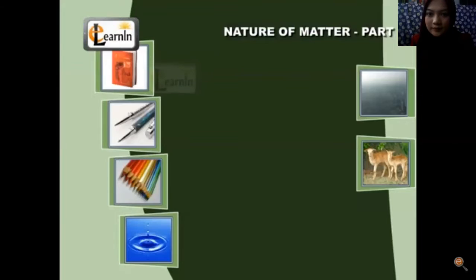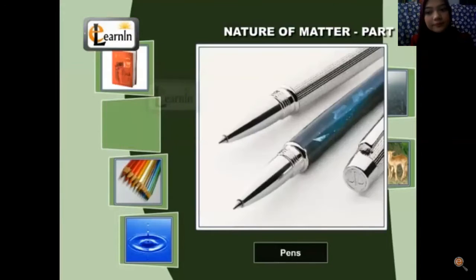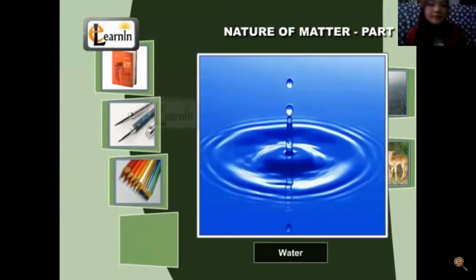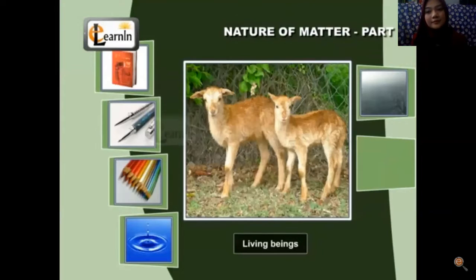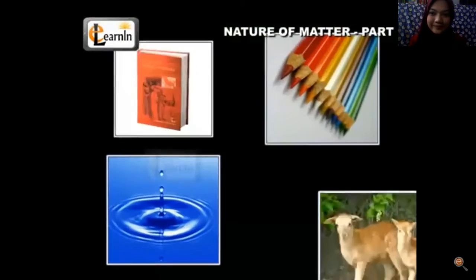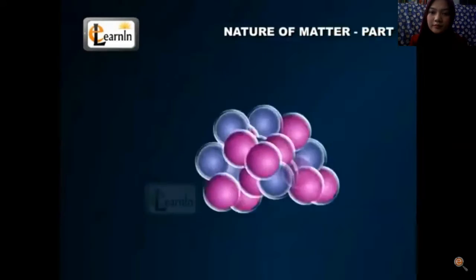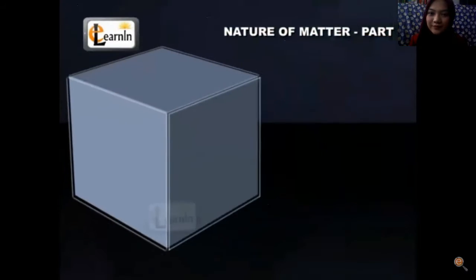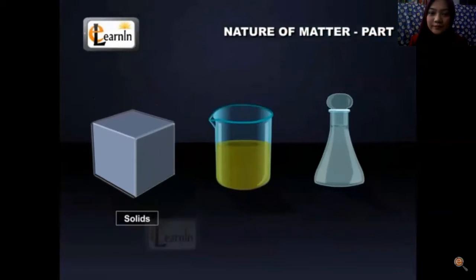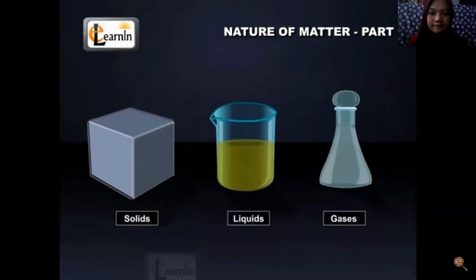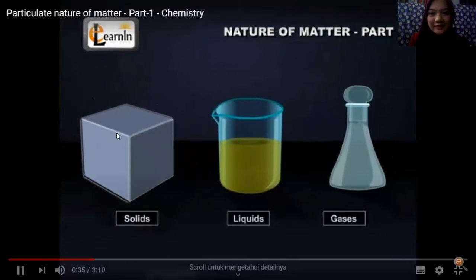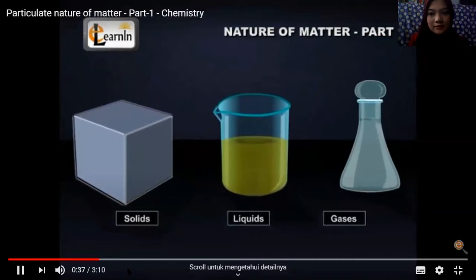Everything around us, for example, books, pens, pencils, water, air, all living beings, and others are composed of matter. All of them have a specific mass and they occupy space. Matter can exist in three physical states. They are solids, liquids, and gases. The constituent particles of matter in each of these three states can be represented as shown.